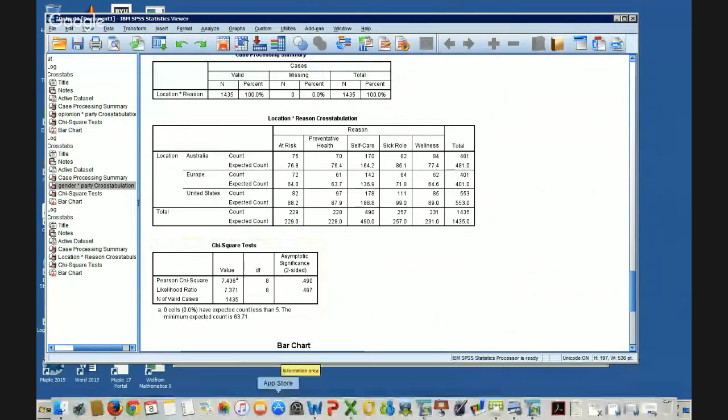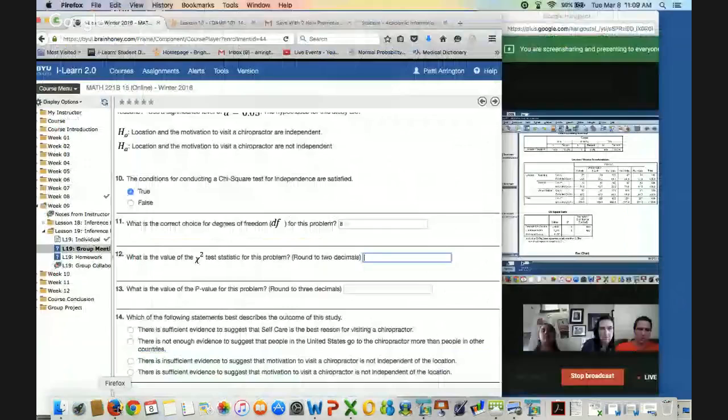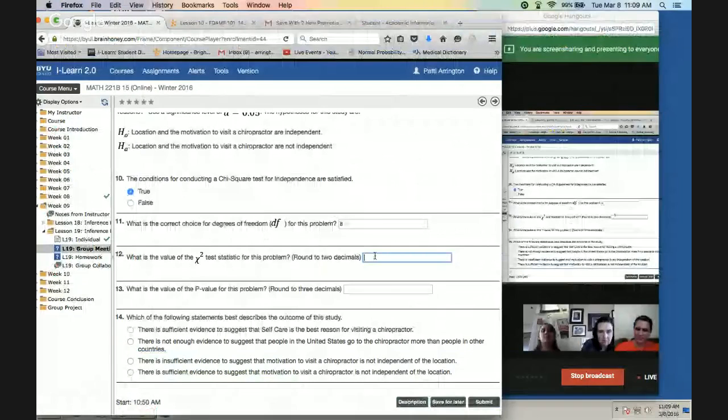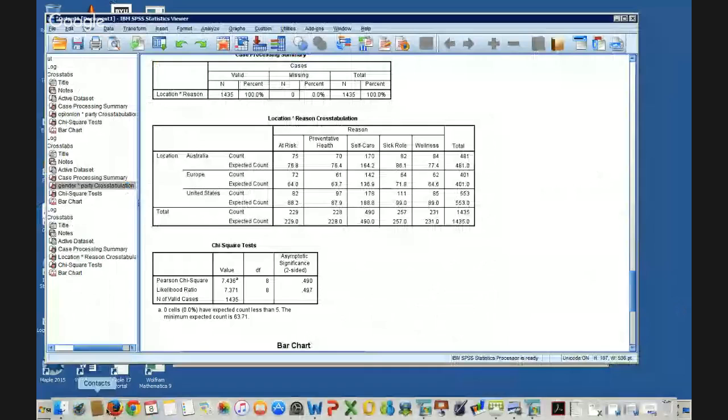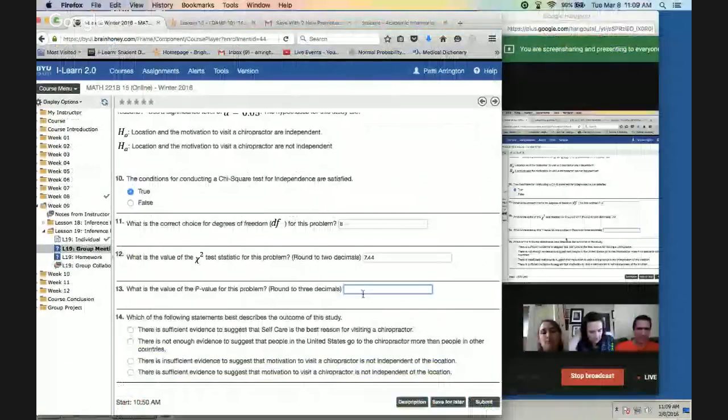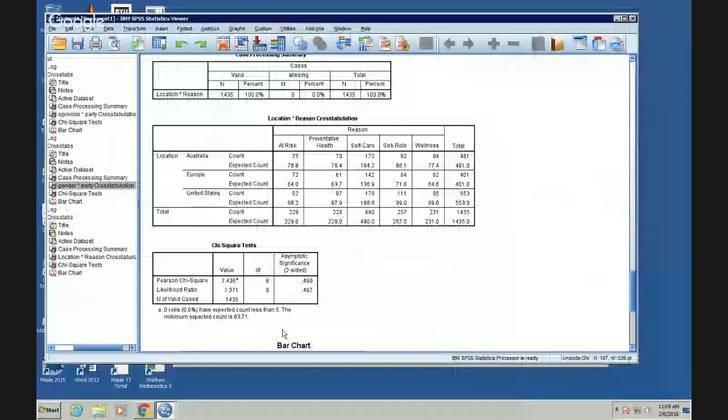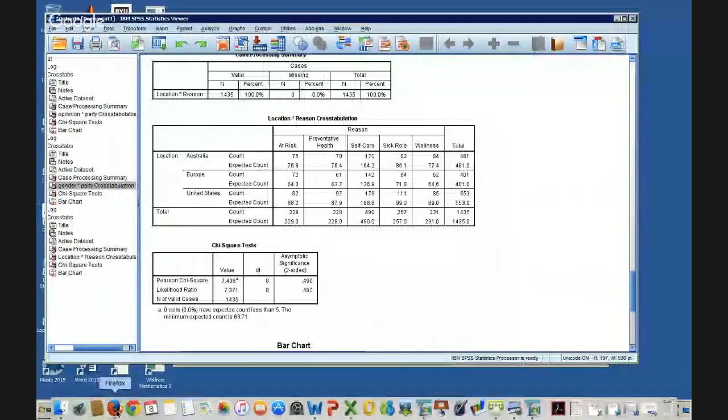So it'd be 7.44, 2 decimals. Okay, is it my turn? The p-value is 0.490.